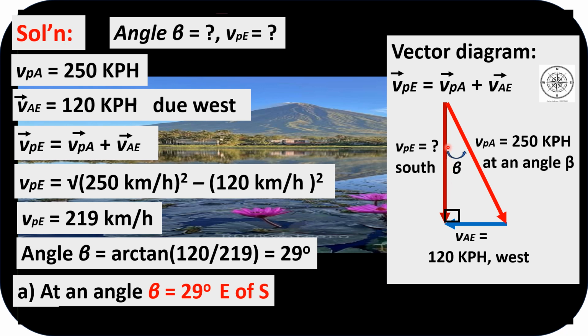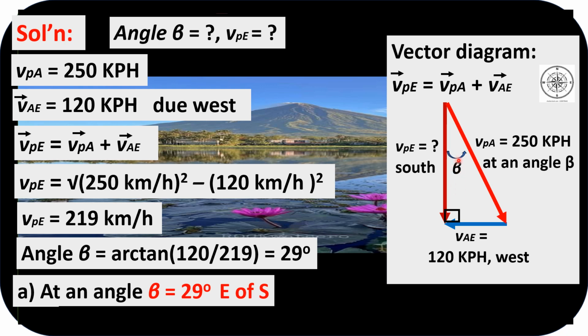How far is the red arrow, in terms of degrees, from the south geographic axis, represented by the vector v of PE?